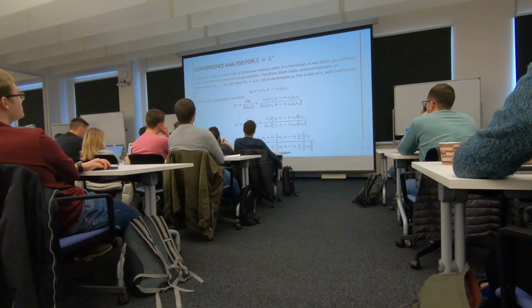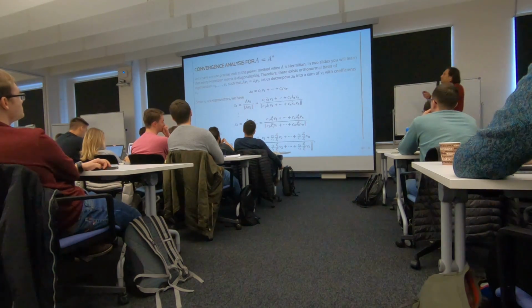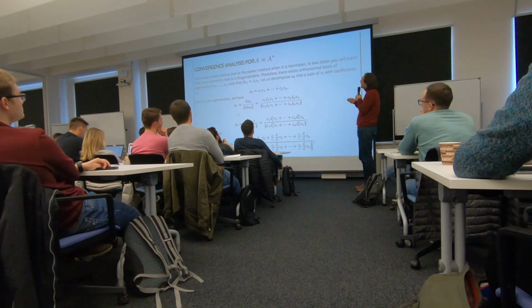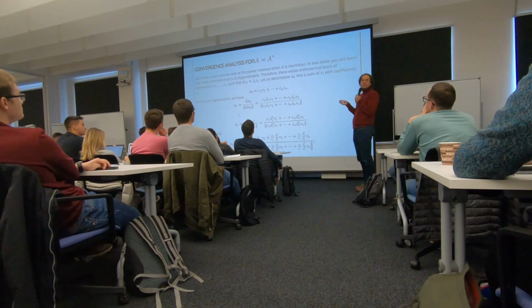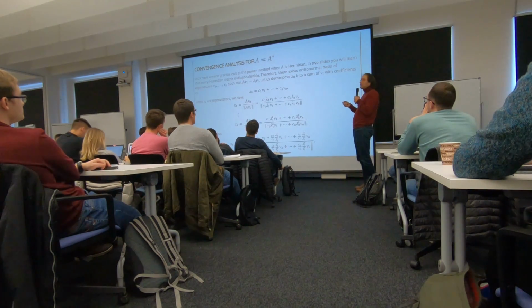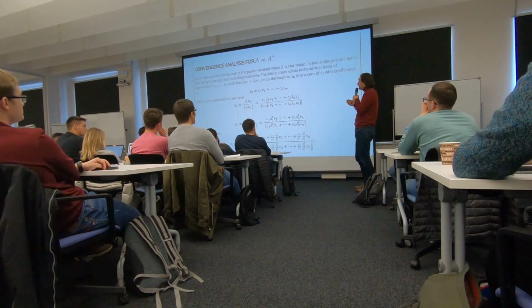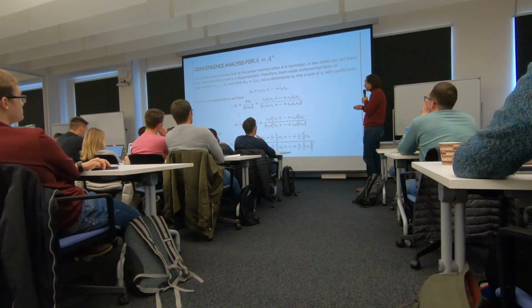If you have the Hermitian case, then this matrix can be diagonalized by a unitary transformation. A unitary transformation doesn't change the norm, and we only need to prove this fact when A is diagonal. If you know how to prove it when A is diagonal, then we are done.